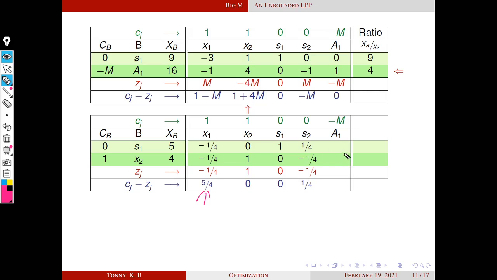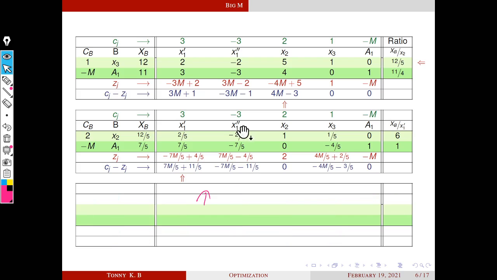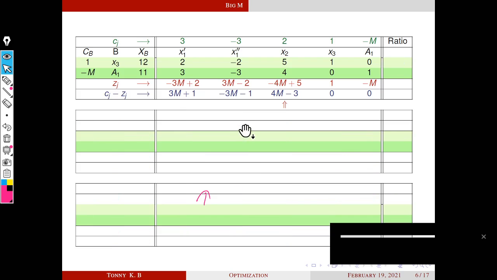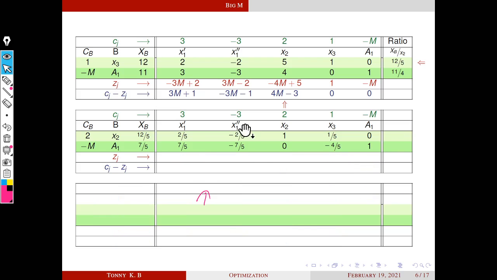So there is no ratio. That means there is no leaving variable. What is the indication? It indicates that there is an entering variable, but there is no leaving variable. That is the condition for unboundedness. Correct. That is the condition for an unbounded solution.